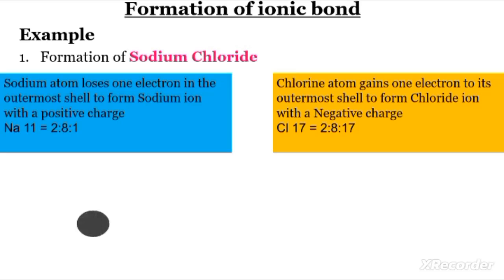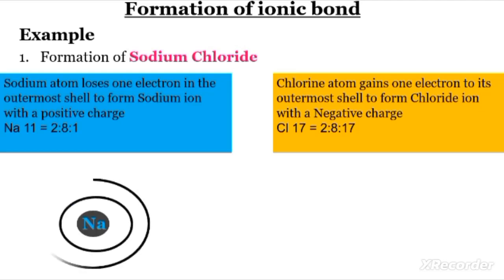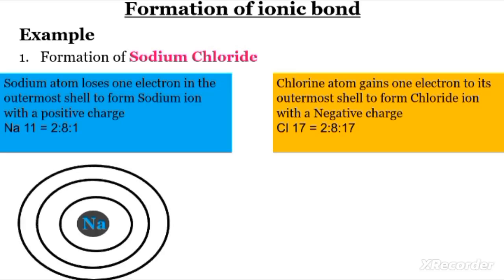We have the nucleus of sodium, surrounded by 3 shells: 2 electrons in the first shell, 8 electrons in the second shell, and 1 electron in the last shell.